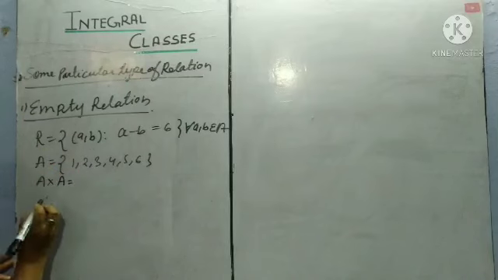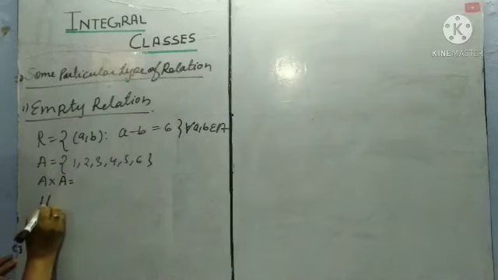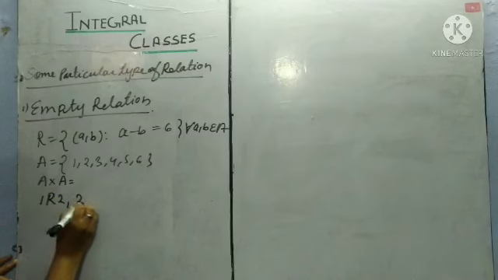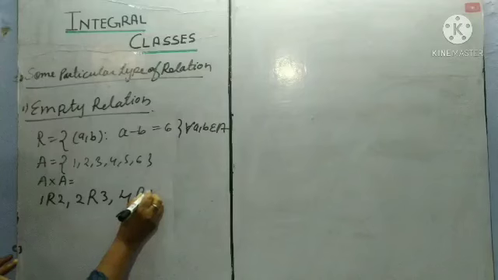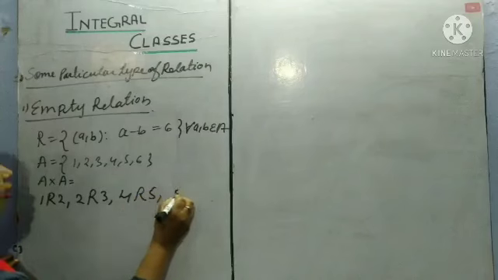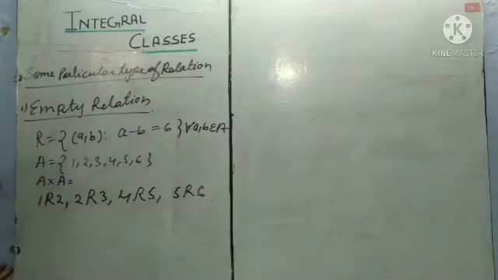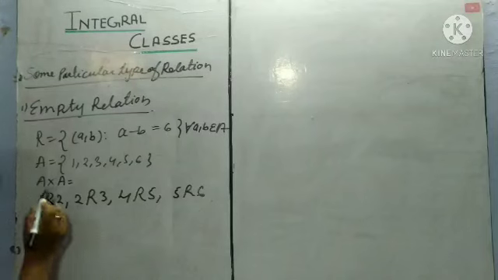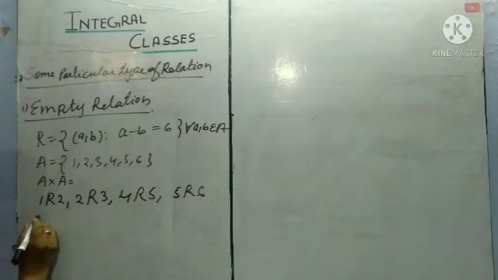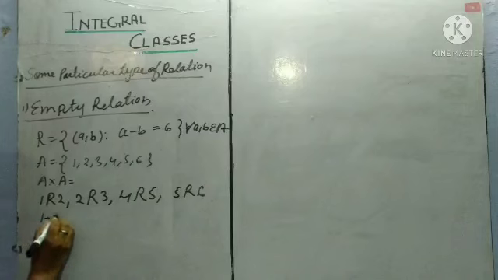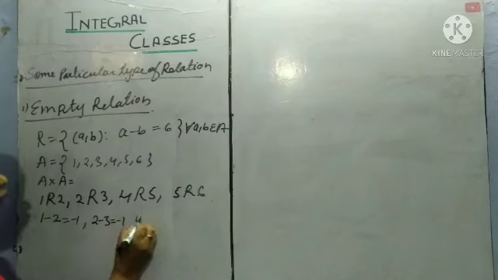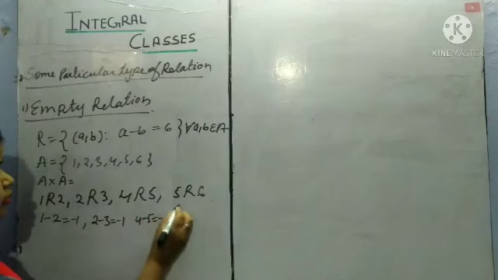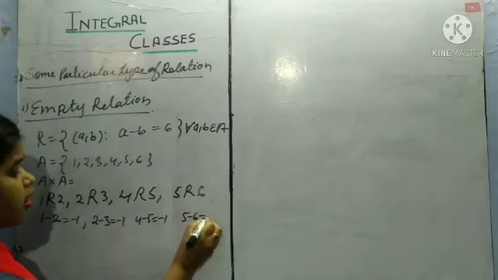If we subtract them, we get 1 minus 2 is minus 1, 2 minus 3 is minus 1, 4 minus 5 is minus 1 and 5 minus 6 is minus 1.